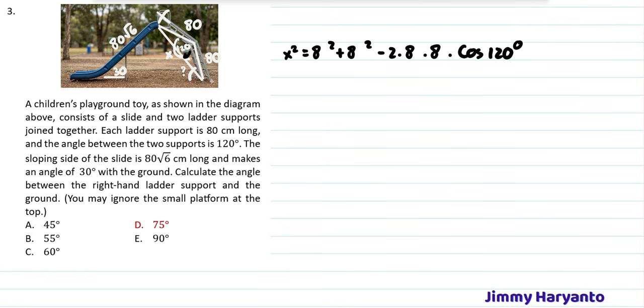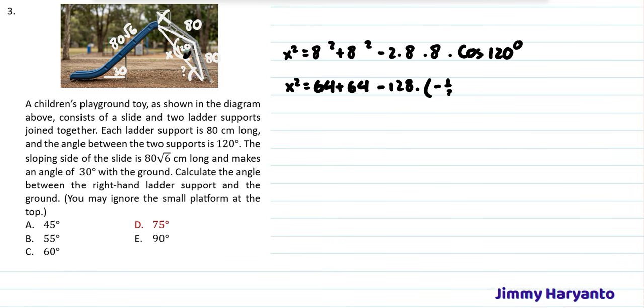Even if you want, you can divide them by 80, but I think that's too much. So this one is 64 plus 64 minus 128 times cos 120, which is negative half. Why is it negative? Because it's in the second quadrant.